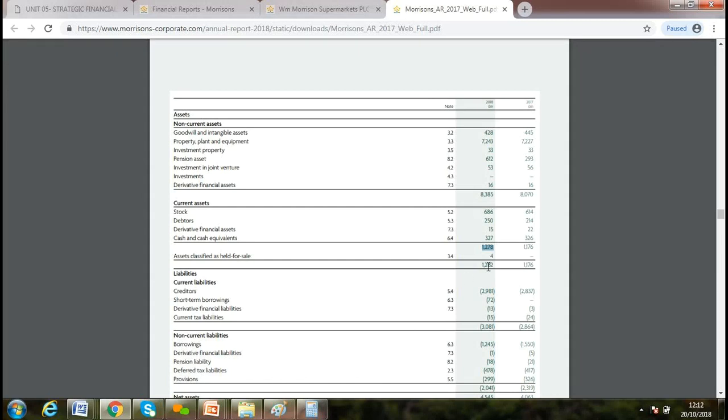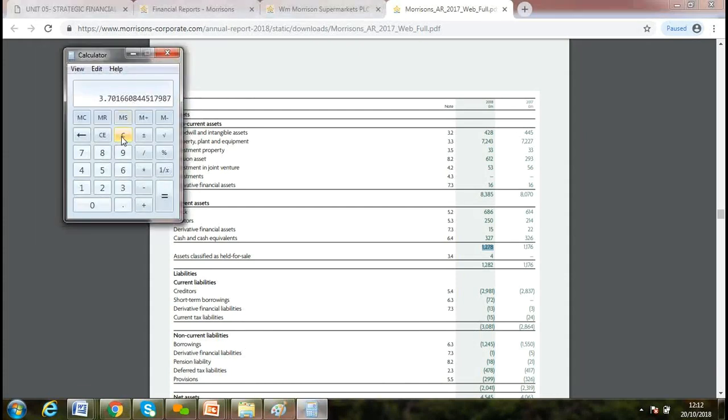Current asset is 1278 divided by liabilities 3081. Normally our current asset should be higher than my liabilities.